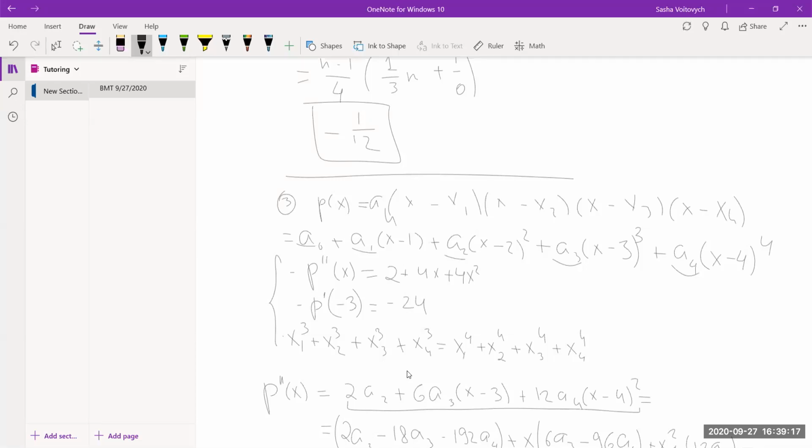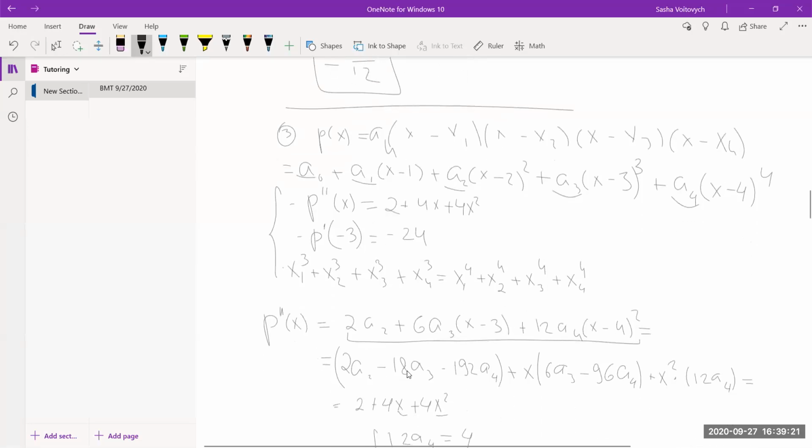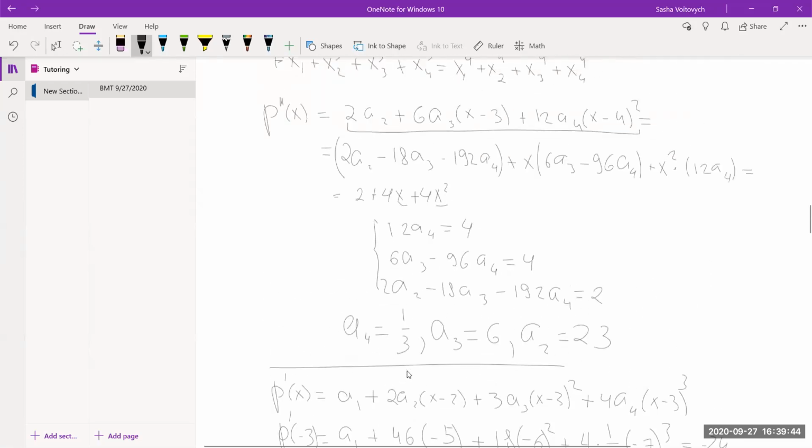Then we know a4 already, so we could just use x1, x2, x3, x4 in all of these, and we would come up with some kind of a system of equations on x1, x2, x3, x4. But I'm not sure that it will be much easier to do than what we just did.